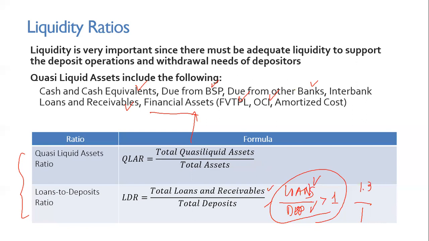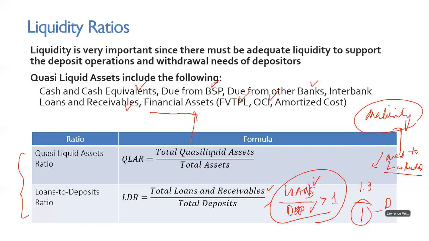Kasi kung masyado kang maraming loans, loans need to be collected. Okay? And therefore, yung loans, depende yan sa maturity of the loan. When is it going to be collected? Right? Loans are not liquid assets. However, your deposits are demandable anytime. Right?